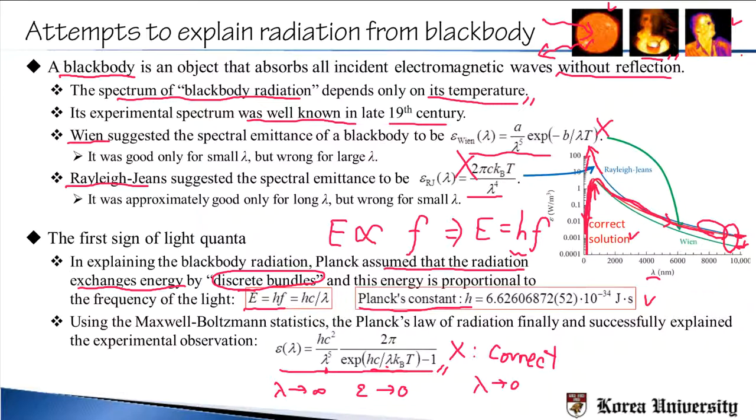If lambda goes to 0, this part may be going to infinity, but now this is an exponential, and if you insert 0 here, the exponential of this becomes infinity. The exponential goes to infinity much faster than this goes to infinity, and this exponential is in the denominator. Therefore, this again goes to 0. So mathematically it's correct.